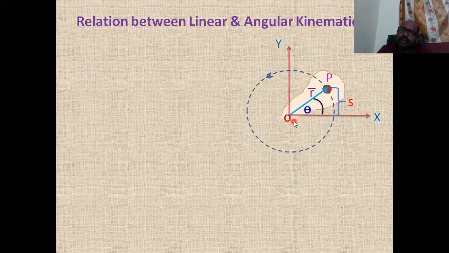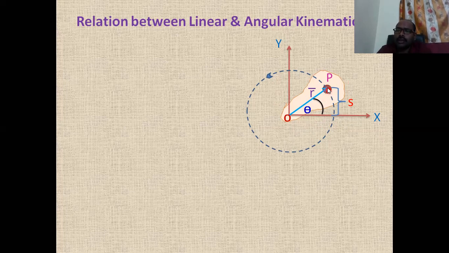About this axis, perpendicular to the display and passing through O, the total body is rotating with uniform angular velocity omega.